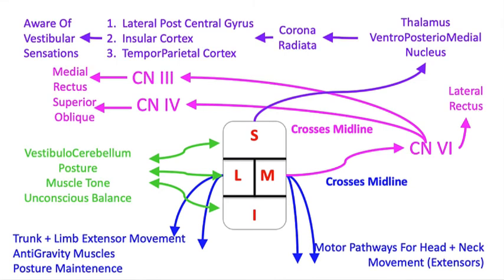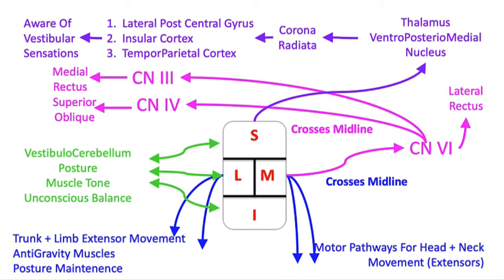So here are the 4 pathways. The blue on the bottom is the vestibular nuclei output that goes down. We have the medial vestibular nucleus going to the motor pathways of the head and neck movement. So it facilitates the semicircular canal activation, causes facilitation of neck extensors, inhibition of neck flexors.